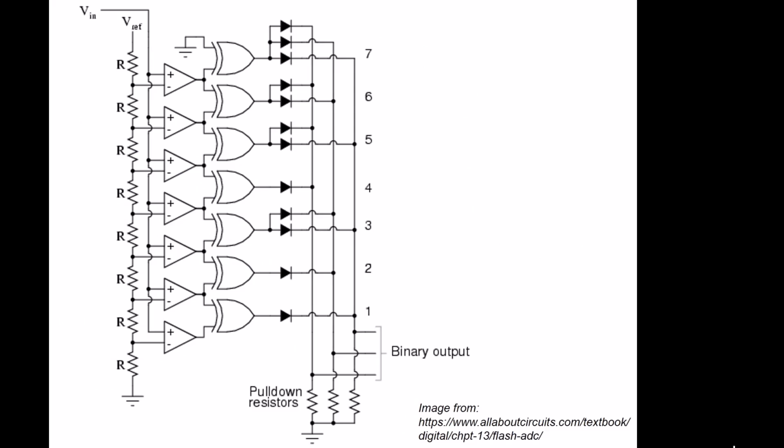So here's an example of what we could do. We could use a series of exclusive OR gates on here.